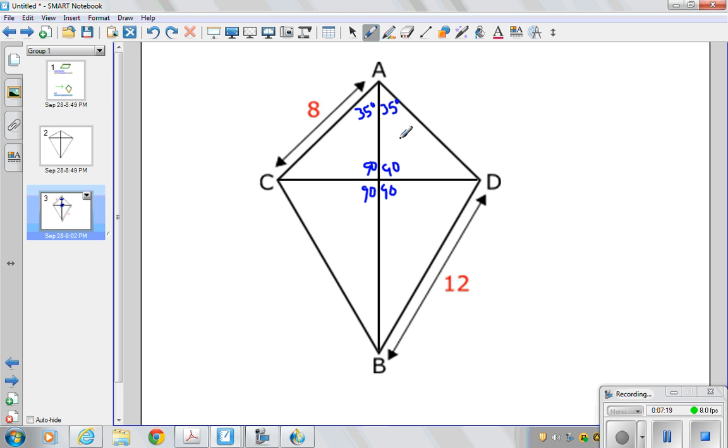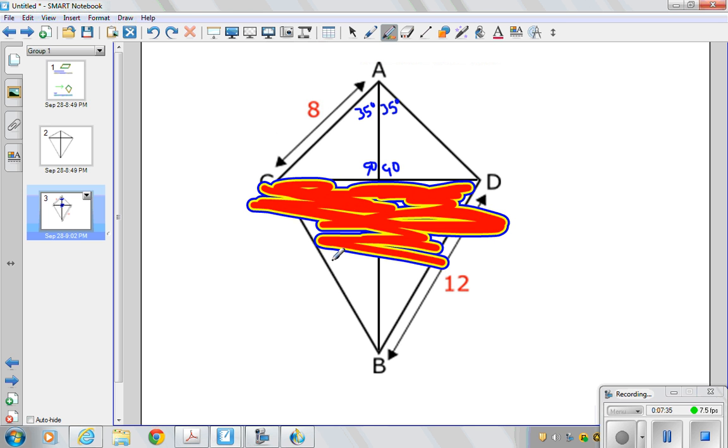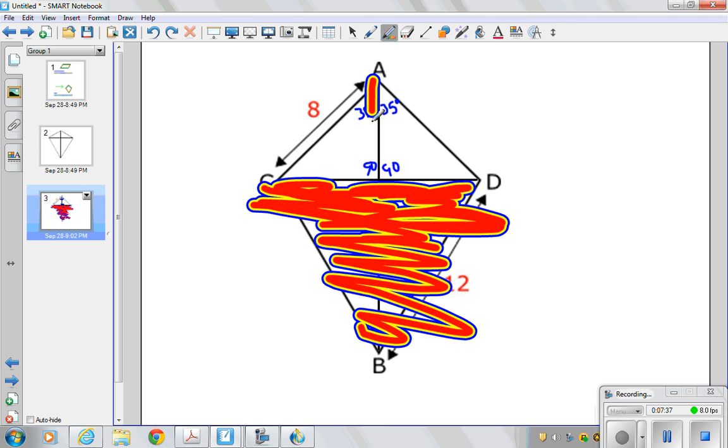Now, this is where you might have to really dive into your triangle stuff. Hopefully you remember that from the week before. I'm going to blot out some of this information, and we're only going to pay attention to that triangle right here.